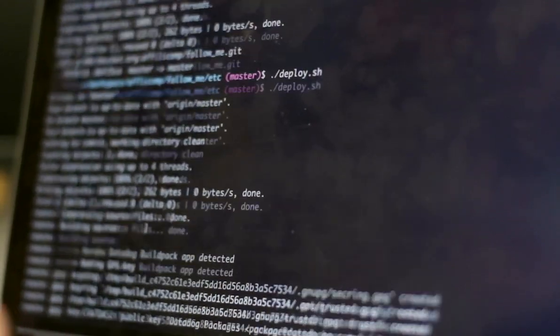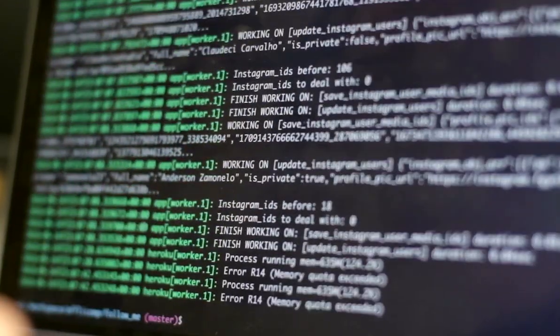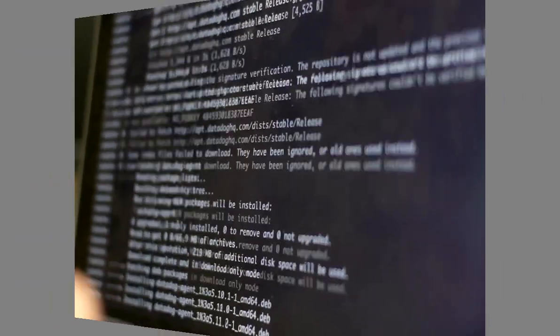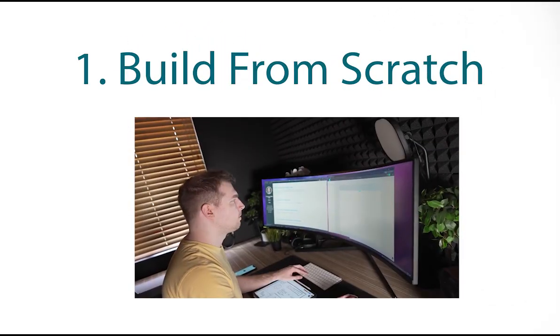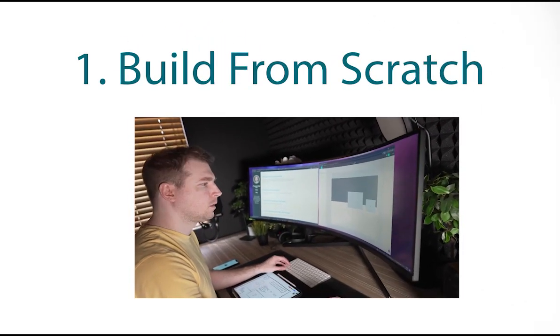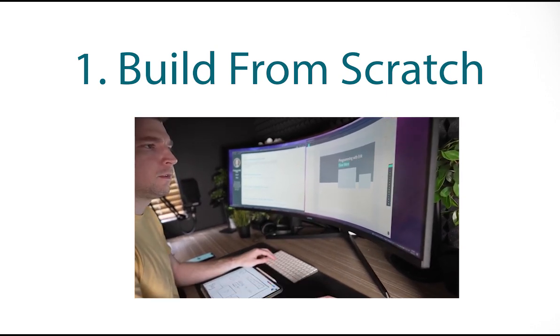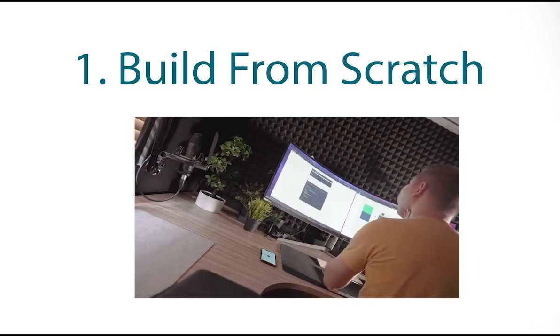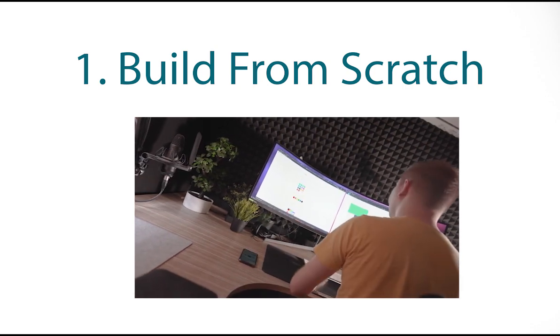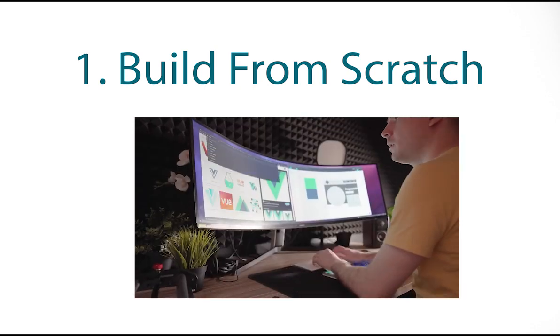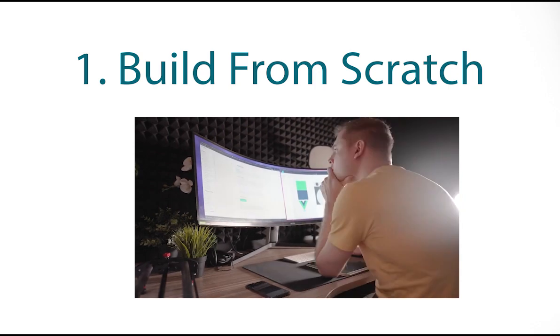Now I'm going to discuss the methods of how to set up the platform. The first method is build from scratch. As the name suggests, the entire platform can be developed from scratch by a software team or the product team. Everything including website, applications and modules can be drafted and built from ground zero.